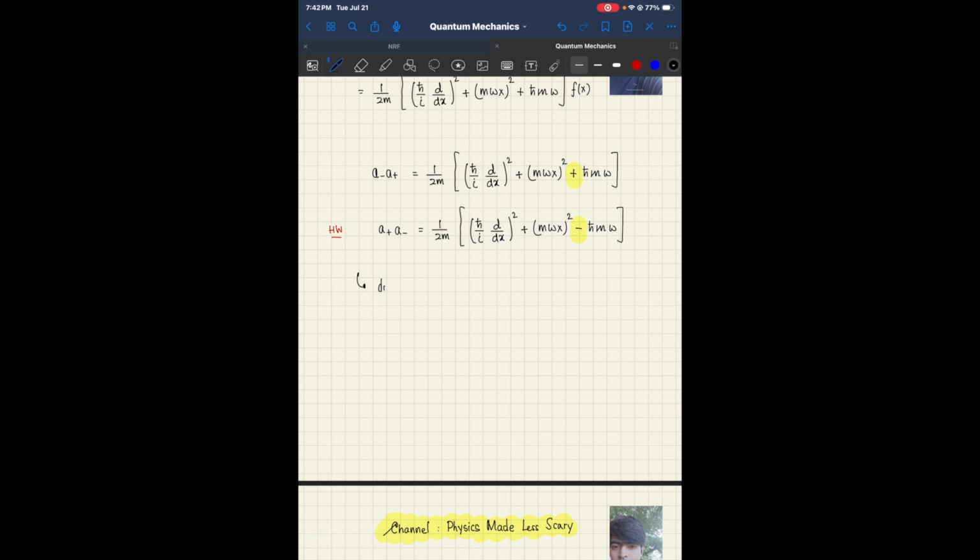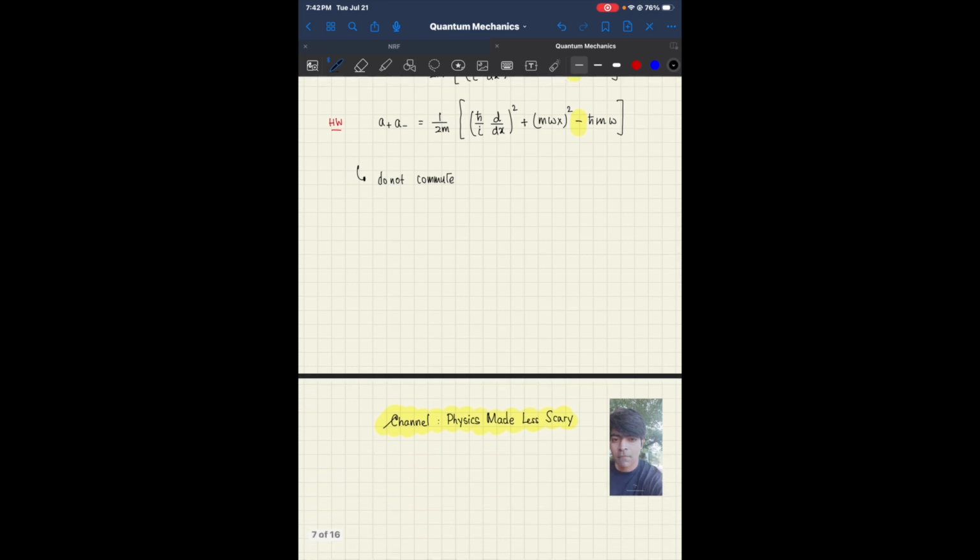So you see, these operators do not commute. What does it mean? Well, two operators, and we have a plus and a minus. Commute means this is equal to 0. This is the definition. But you see, this is not 0, right?